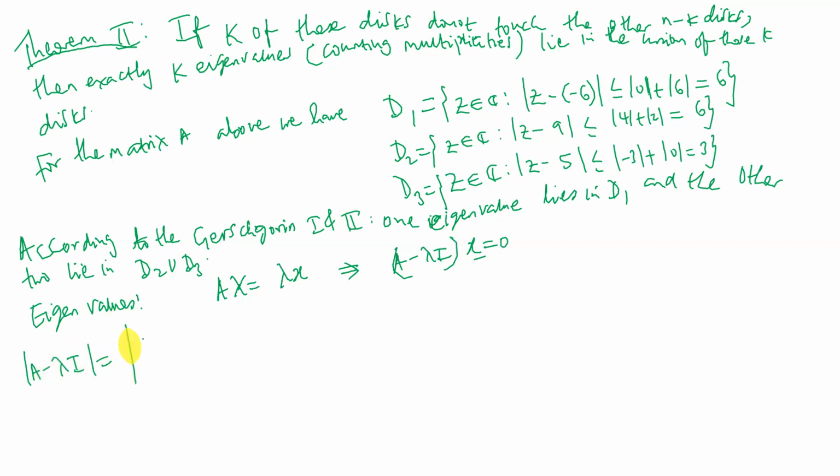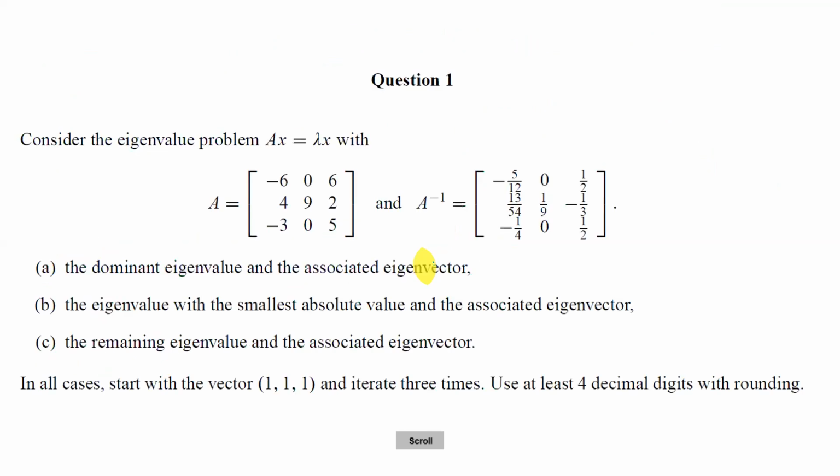What is the matrix here? Minus 6, then you subtract lambda. We have 4 and minus 3. This is the matrix A, but you're just subtracting lambda along the main diagonal. So the matrix A has these entries, but you say minus lambda, minus lambda, minus lambda, and the rest of the entries are the same.